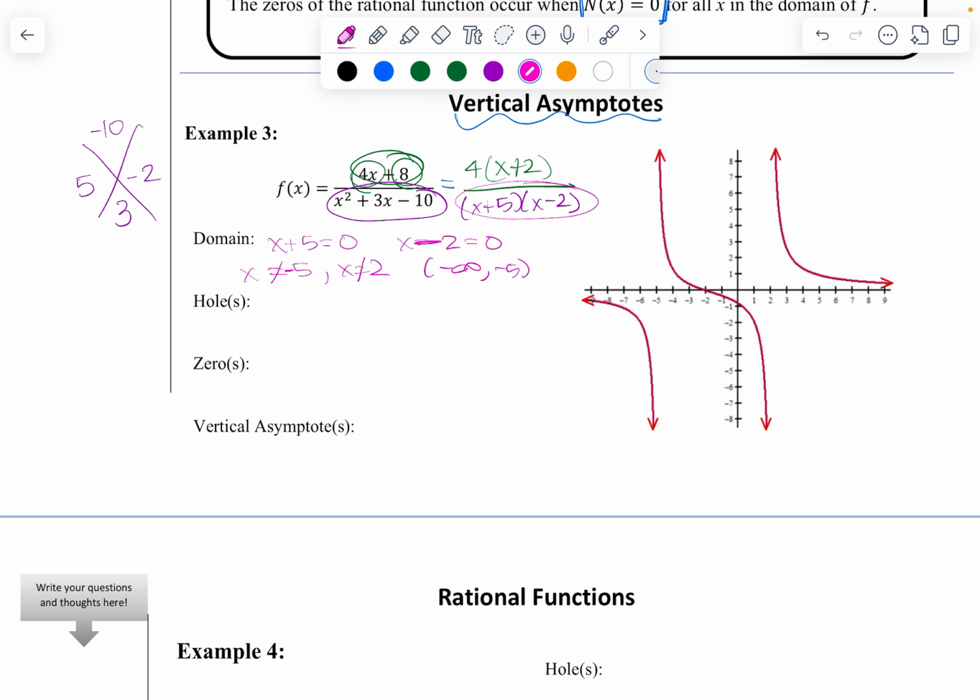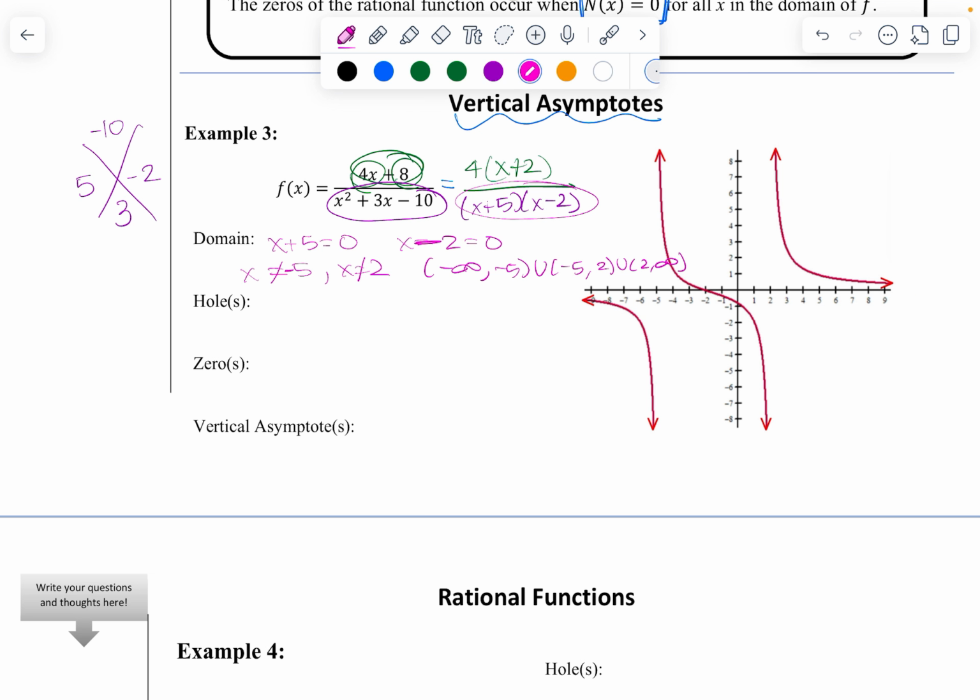Negative 5. And then again from negative 5 to positive 2, and then from 2 to infinity. And if we see this here, we know it goes from negative infinity up to, see this negative 5 value, there's nothing there. So there's our first region. Our second is from negative 5 to positive 2 here. And then there's our 2 to infinity.